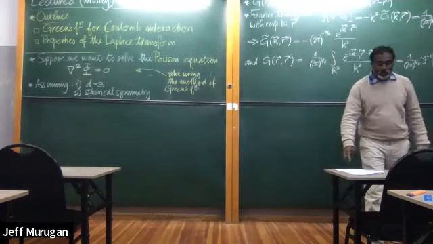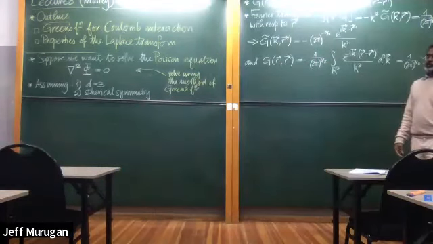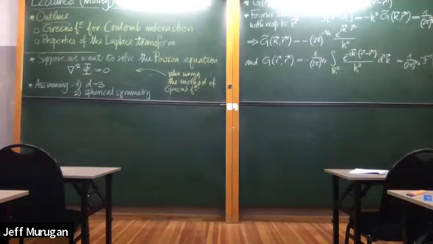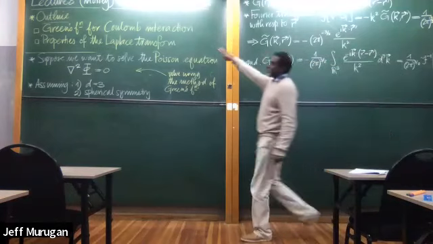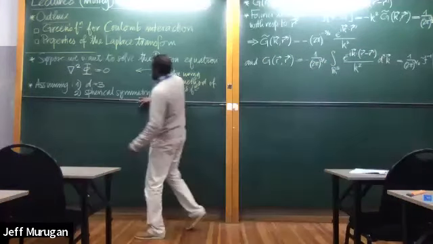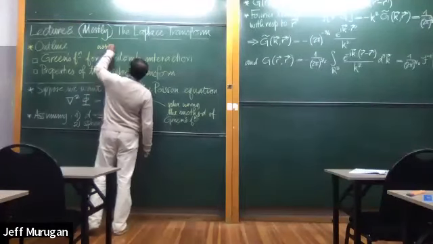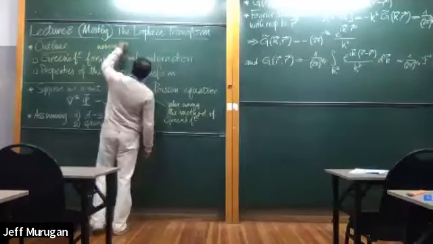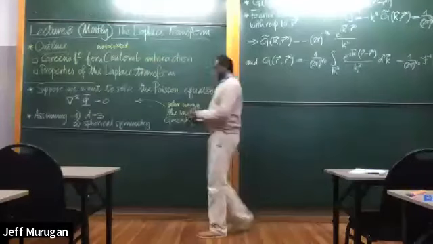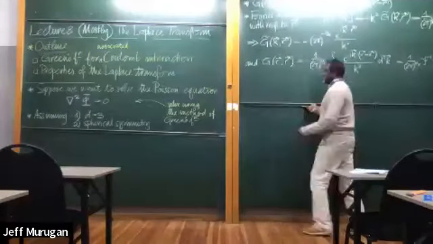The second way of doing it is to use the result that we already know, which is the Fourier transform of Coulomb interactions. This is why I said this is the Green's function associated with Coulomb.